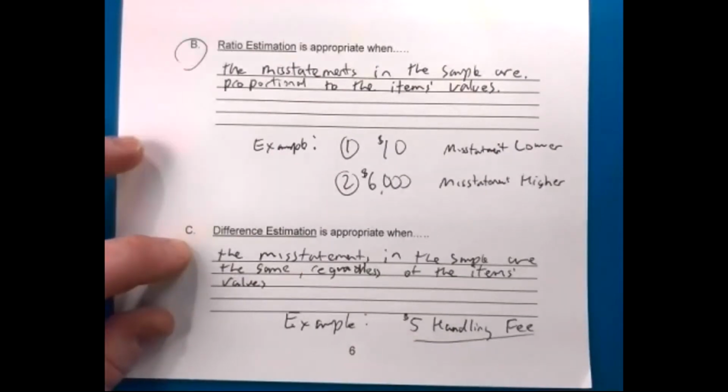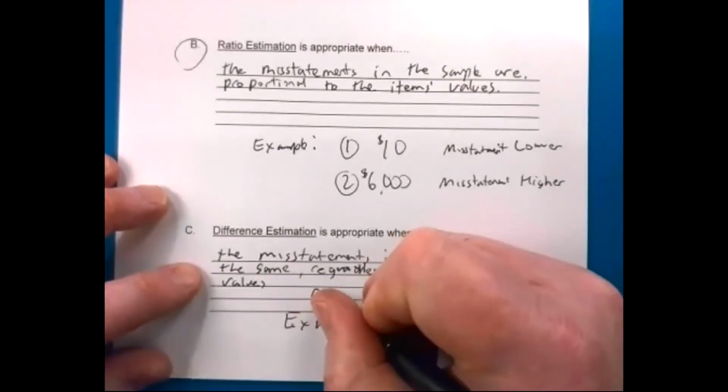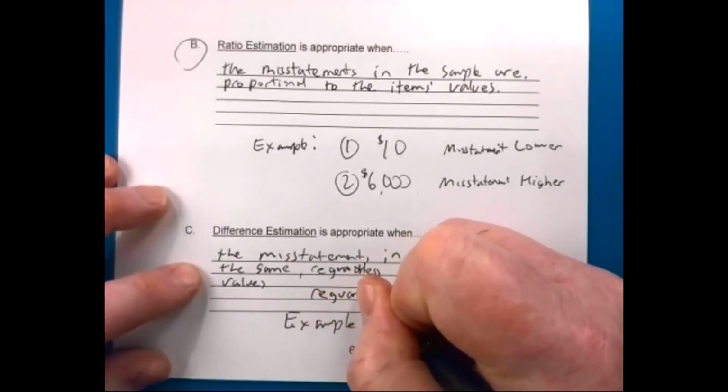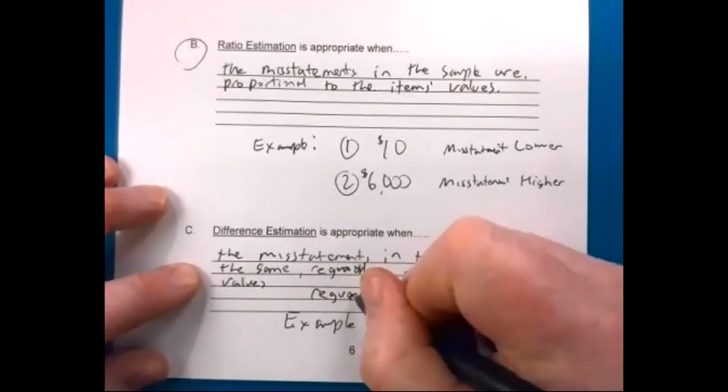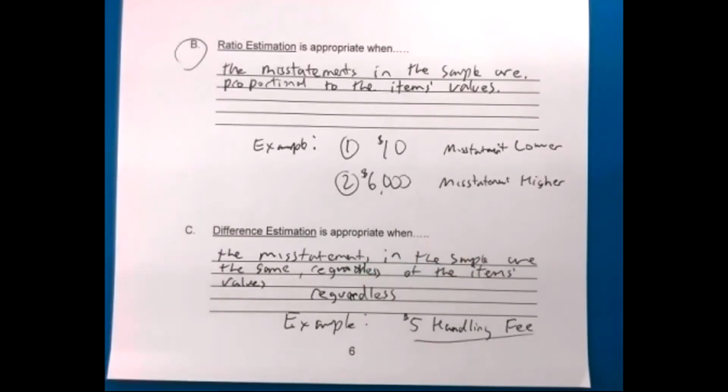Is that the word regardless you got there? Yeah. Okay. Now, I'm not sure if it's spelled right, but my wife was an English professor, so I get corrected on spelling a lot. What is that?